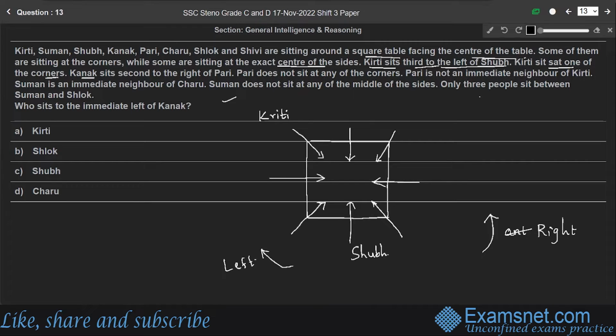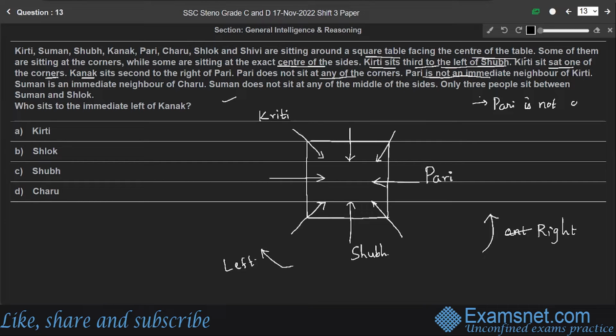Where exactly is Pari sitting? Pari doesn't sit at any of the corners. Keeping this in mind, you cannot take the position of Pari at any of the corners. It is given that Pari is not an immediate neighbor of Kriti, which is very important. Therefore, Pari's position has to be here.